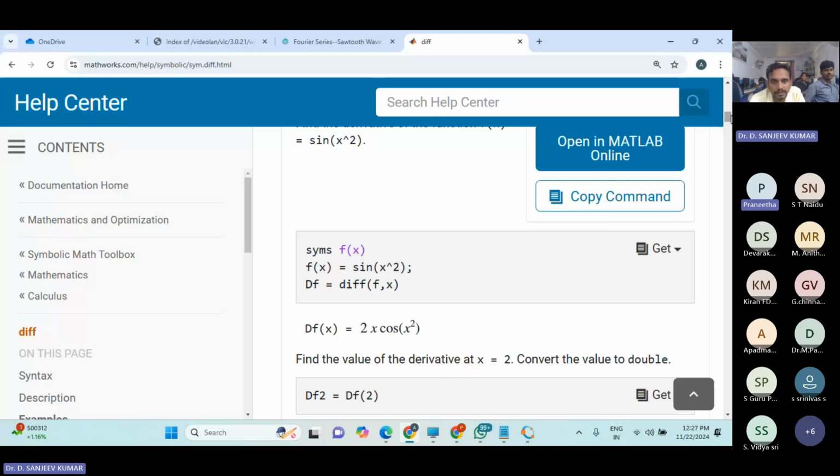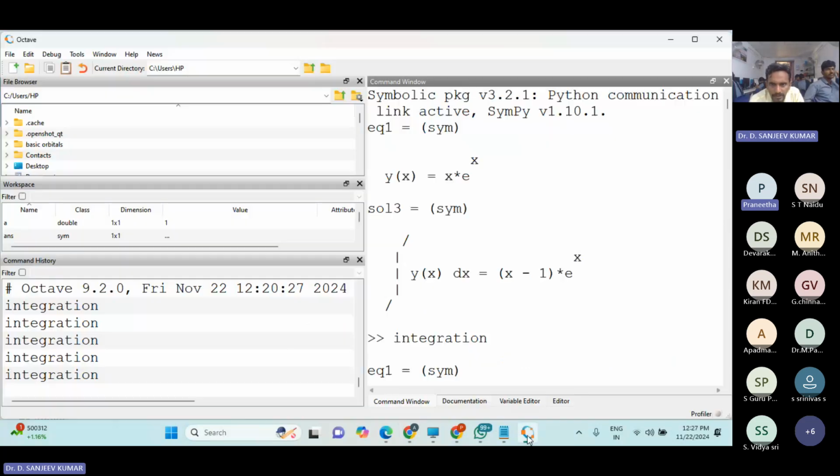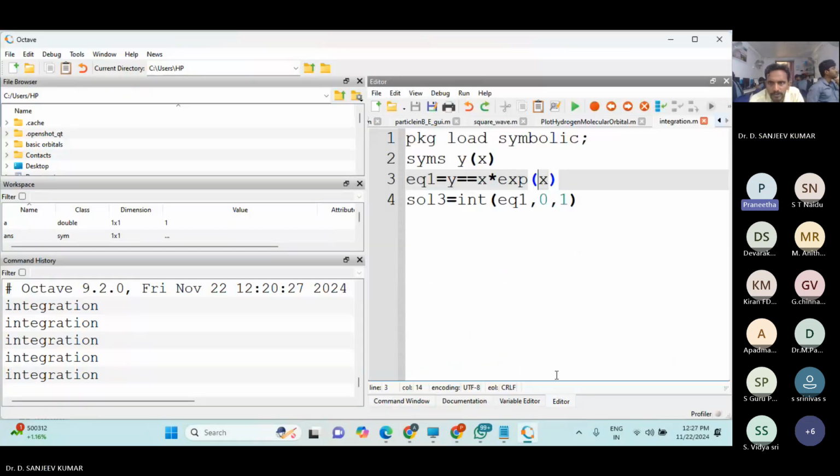You can write it as an equation directly. Instead of defining it as a separate variable, you can write it as an equation. So here is an alternative form for this.